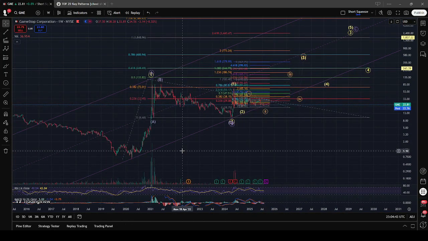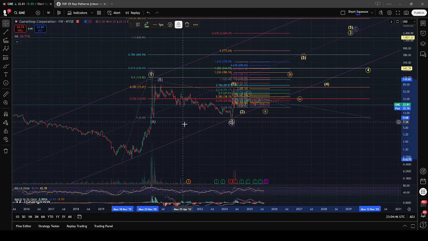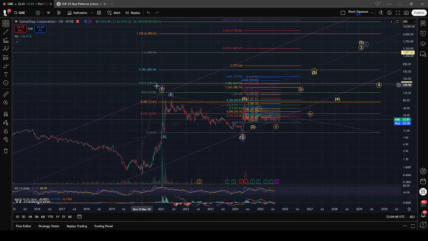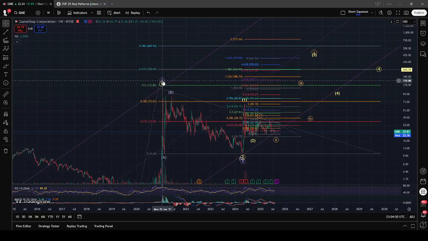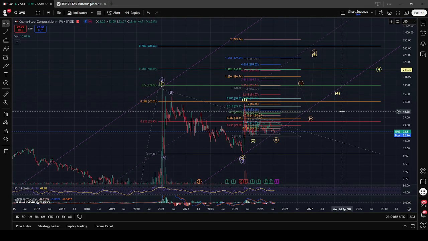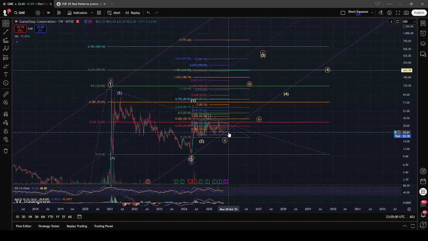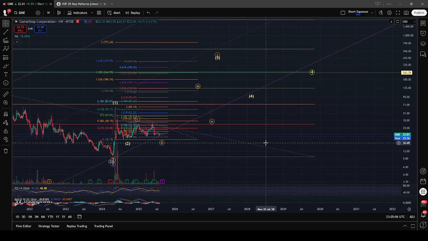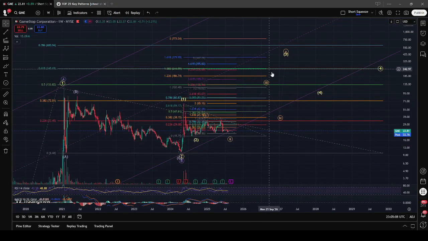Okay, now if you take a look at this, I already have it drawn out, but if it ends up being 0.618 times A, we're still looking at approximately $248. Now, the way that GameStop is trading right now at $22, you're well over 10 times the amount you would have invested if you were to hold through all of this movement and just sell right here.